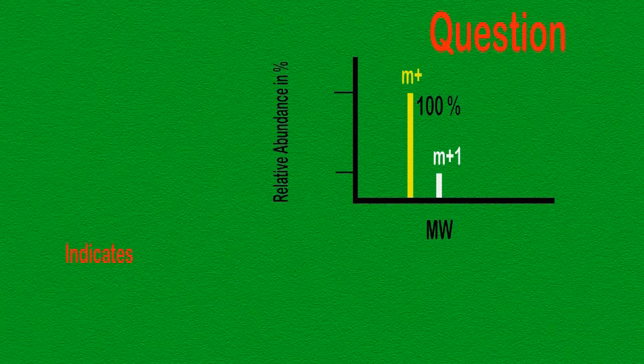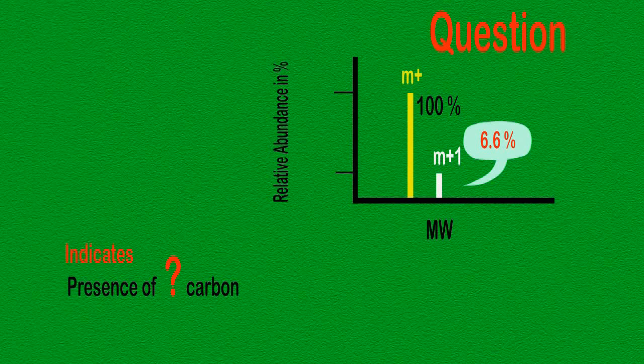Now a question: when the M+1 peak is 6.6 percent compared to the M+ peak, what is it indicating? If you think the sample should contain 6 carbons, then it is right.